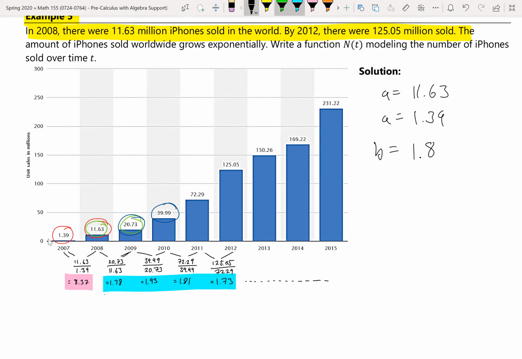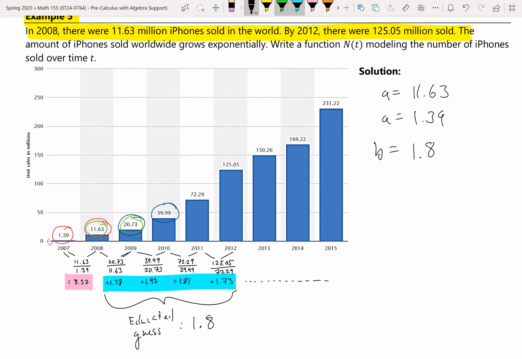So just using these right here, we get our educated guess of about 1.8. You guys got it?